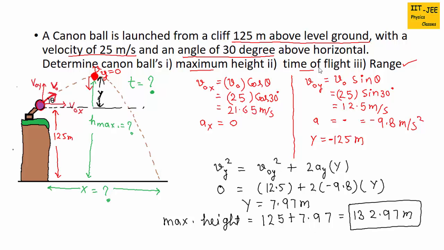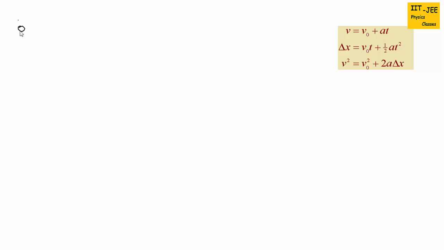Then we have to find the time of flight. Time of flight is the total time when the ball remains in the air. So from here to here. The time taken by the ball from the initial point to the final point would be the time of flight. So here the ball was like this and it goes like this.